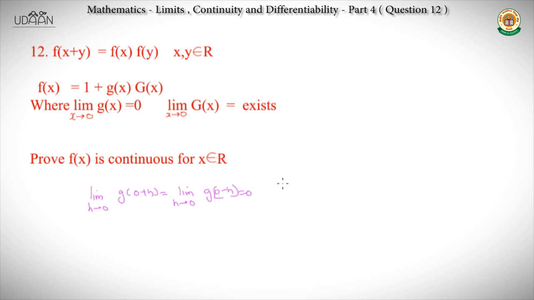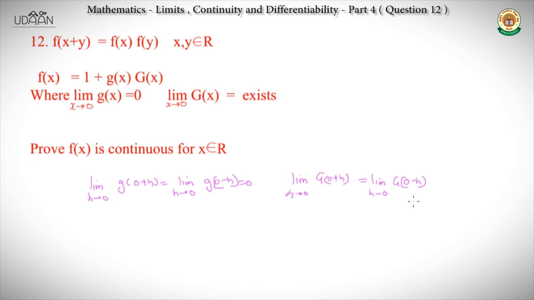Similarly, we have been given that the limit x tends to 0 of capital G of x exists, so we can say that the limit h tends to 0 of G of 0 plus h equals the limit h tending to 0 of G of 0 minus h, and it exists. Now moving ahead, we need to prove that f of x is continuous for x belongs to R.